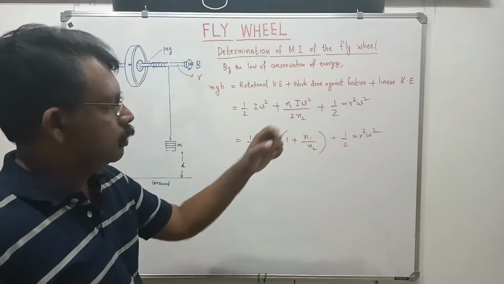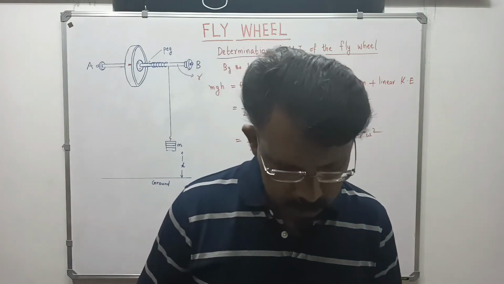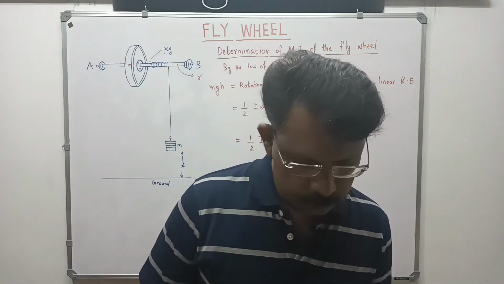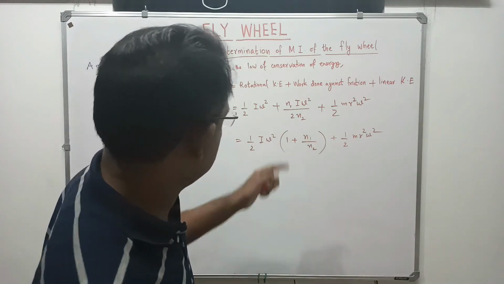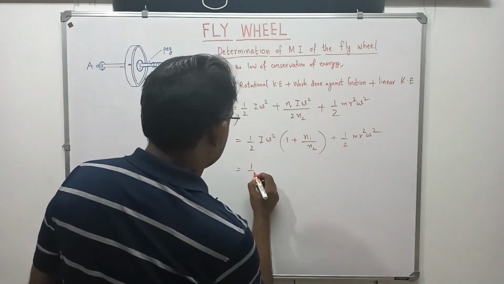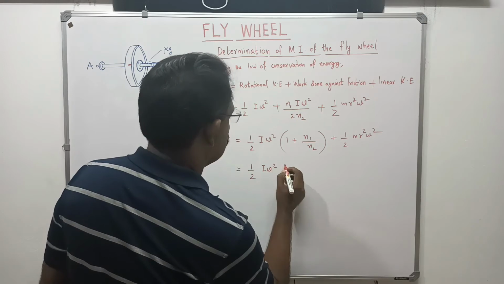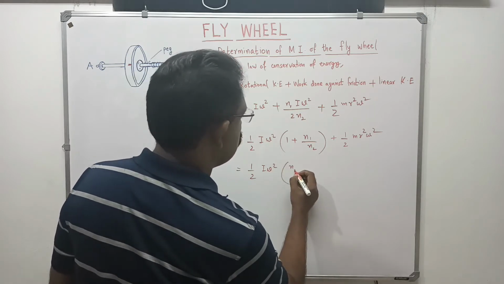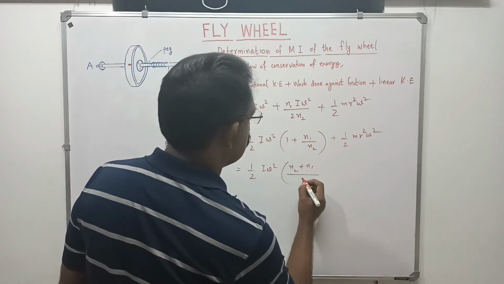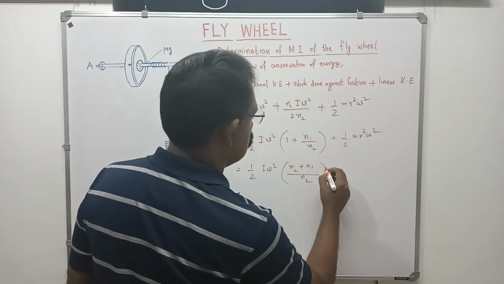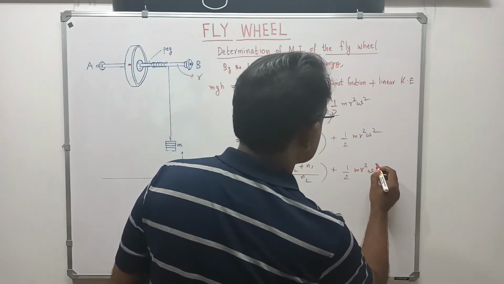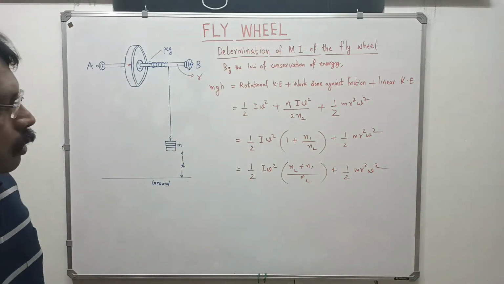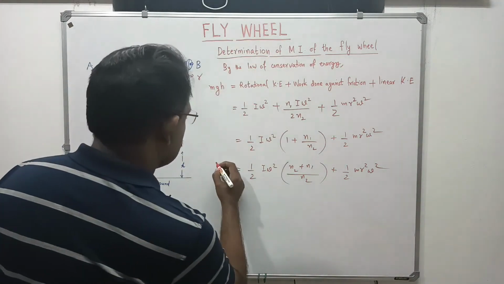Taking the LCM, this can be written as half I omega squared into n2 plus n1 by n2, plus half m r squared omega squared. Now we have mgh here.